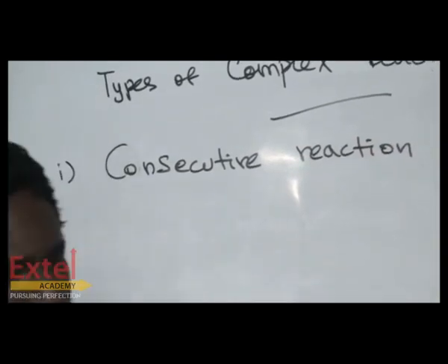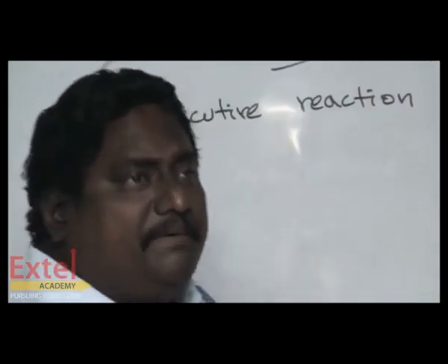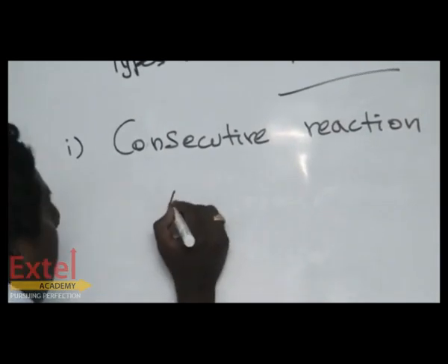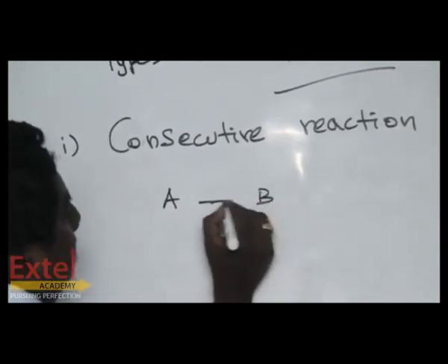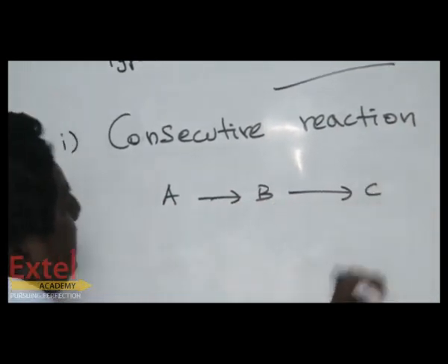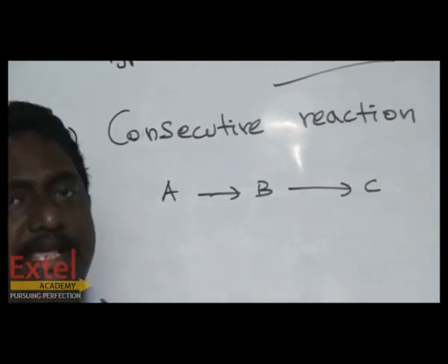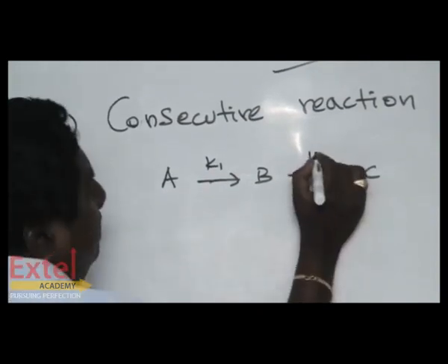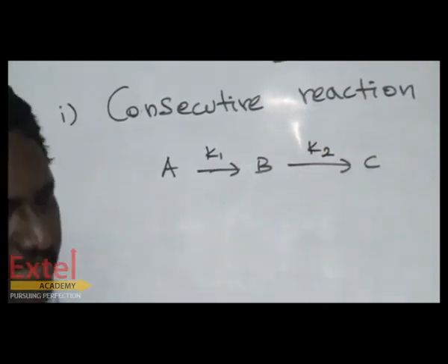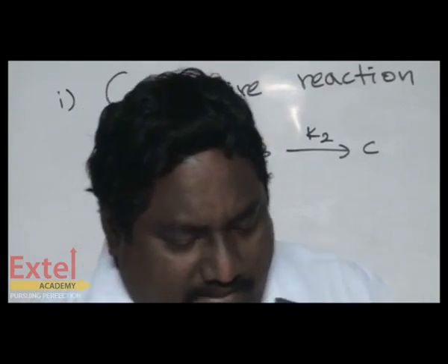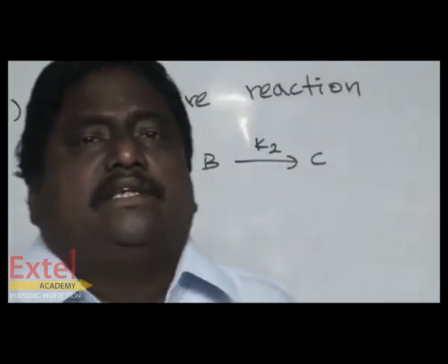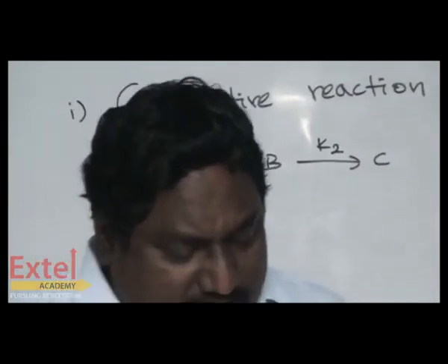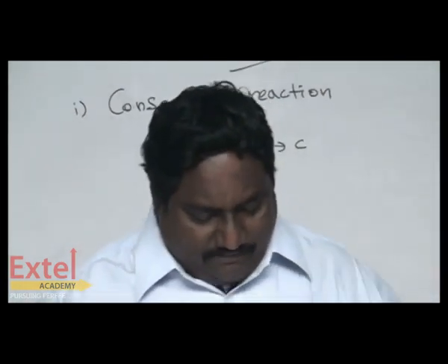What's happening in a consecutive reaction? A gives B and B gives C. While A gives B, the rate constant is called K1, and B gives C, the rate constant is K2. Where K1 is the rate constant of the first conversion, K2 is the rate constant of the second reaction.